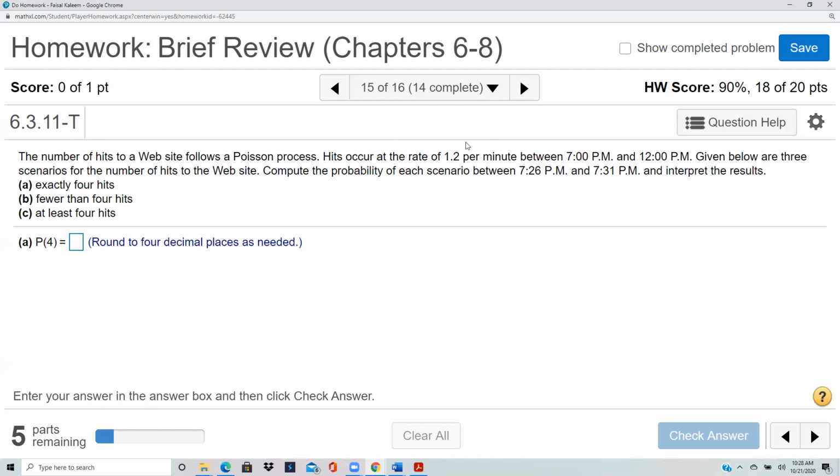But this is one of those situations where the average is given over a different period. It's given over a minute. But what's the period over which they are asking the question? How long is this period?